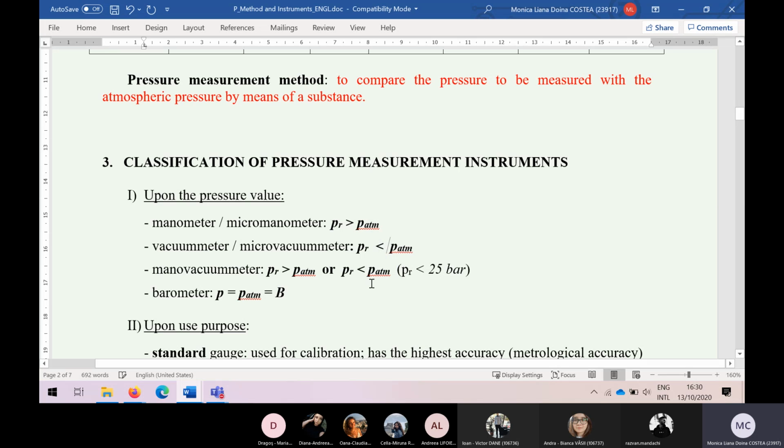Now, my question is, to what refers this term micromanometer? To the dimension of the instrument or to the value that is measured, the pressure value? What do you think? The pressure value. Of course, the pressure value. So micromanometer will measure what? Or vacuumeter?